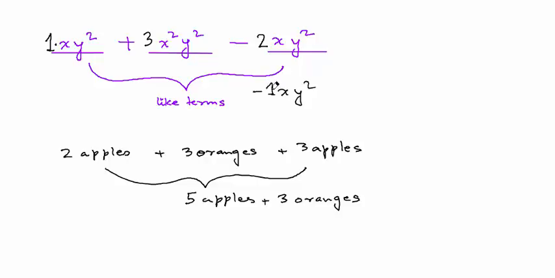You can get rid of the 1 that's not required. It's always implied. So that is equal to negative xy square. So if you were to simplify this, this would be negative xy square, the 2 like terms combined, plus you cannot add the oranges. The 3x square y square stays like that.